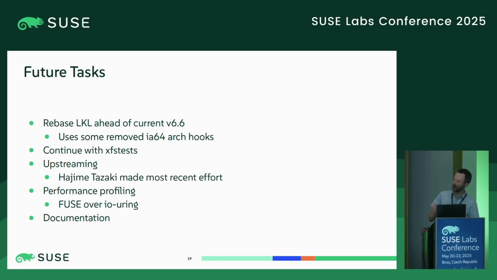I wanted to play around with the new fuse using io_uring commands. I didn't benchmark with that because it's not in the libfuse library just yet, but it's now in the kernel, so that'll be interesting to compare. And then documentation: there's basically none at this stage, so a lot of work to do there.